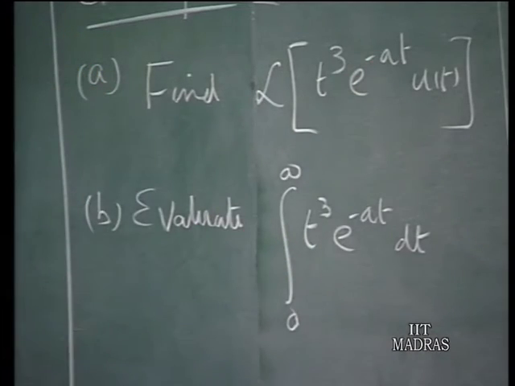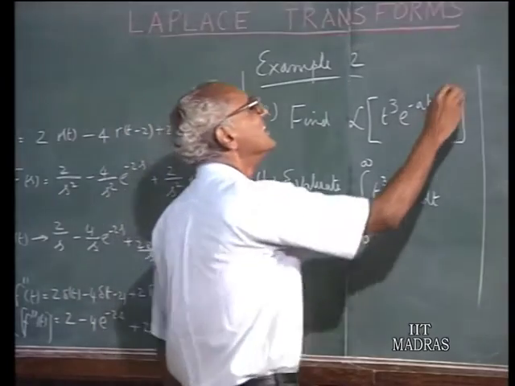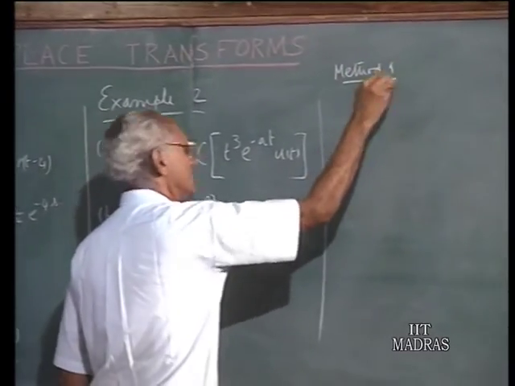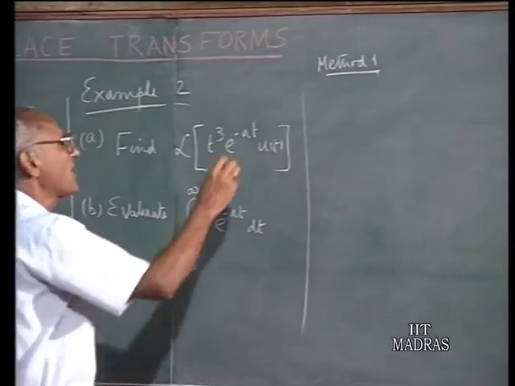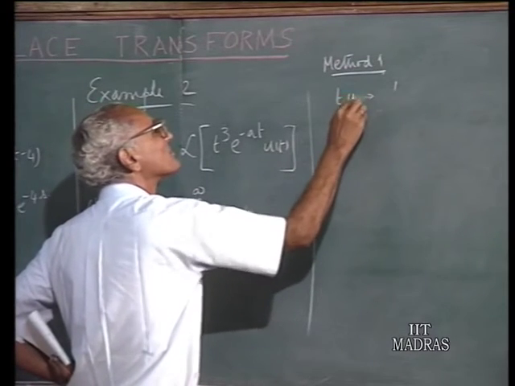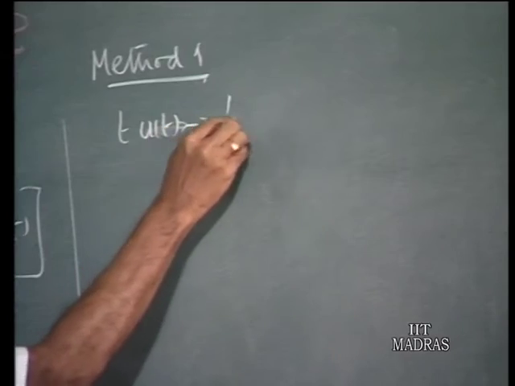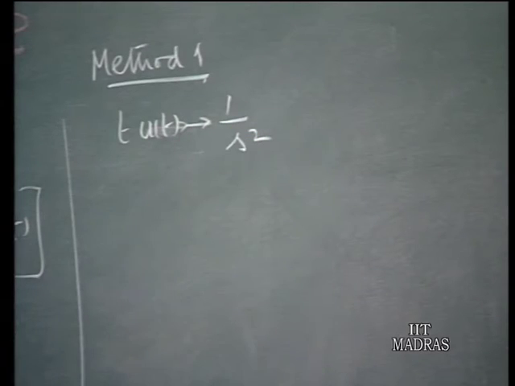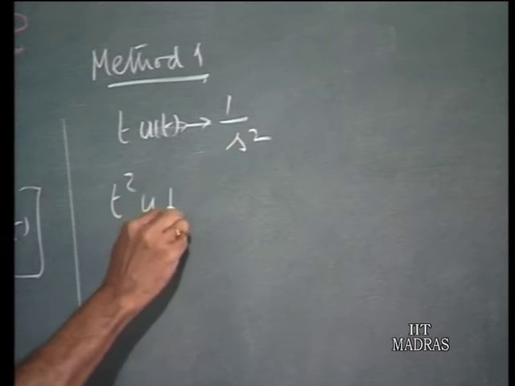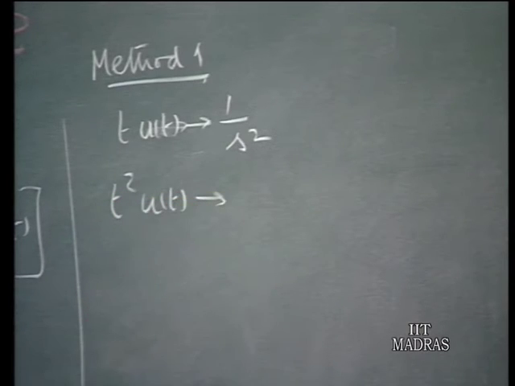Now, to find this out, let us say method 1. We start with the Laplace transform of t. We know t u(t) is 1 over s squared. t squared u(t) is minus d by ds of 1 over s squared, because this is multiplied by t.